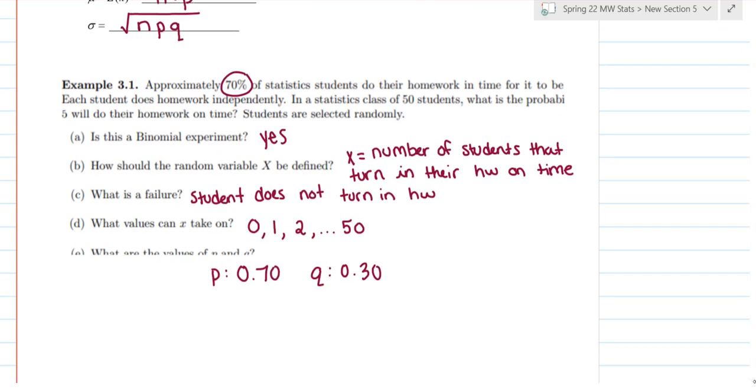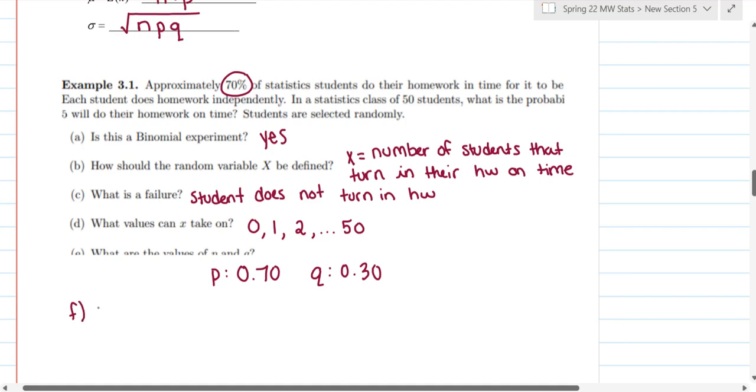All right, and then F says to translate the probability statement that no more than 5 will do their homework on time.